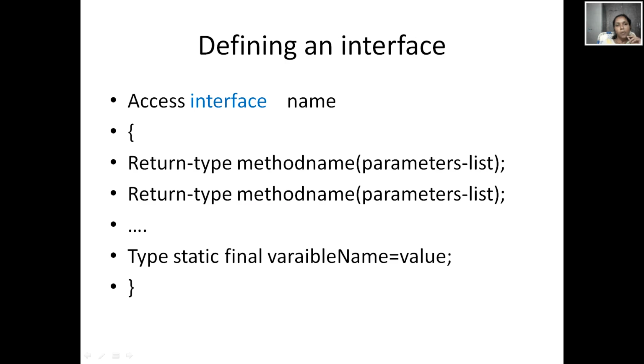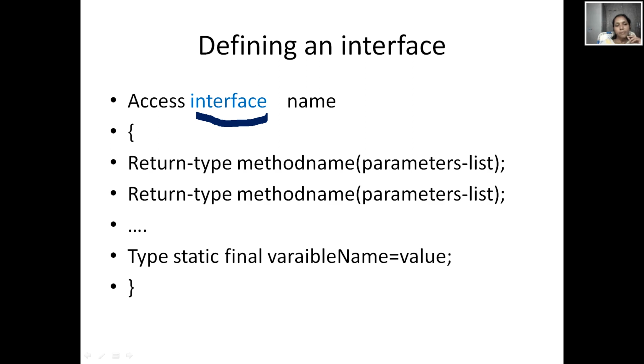Now, how can we define an interface? Very simple. We can define an interface with the keyword interface, and you can give it whatever name you need. If you want to access the interface from anywhere, from all the packages, then you can use public.